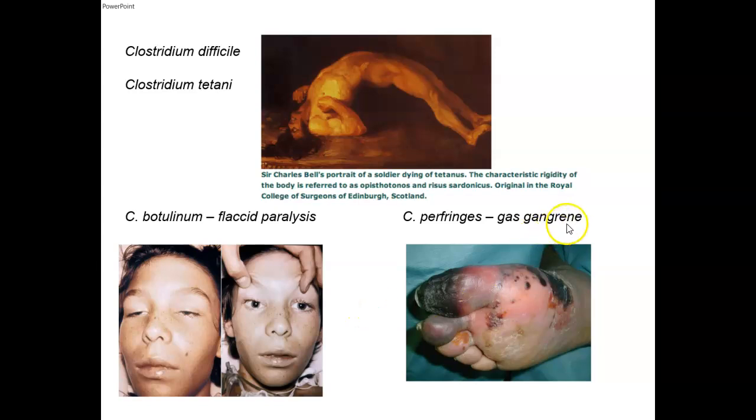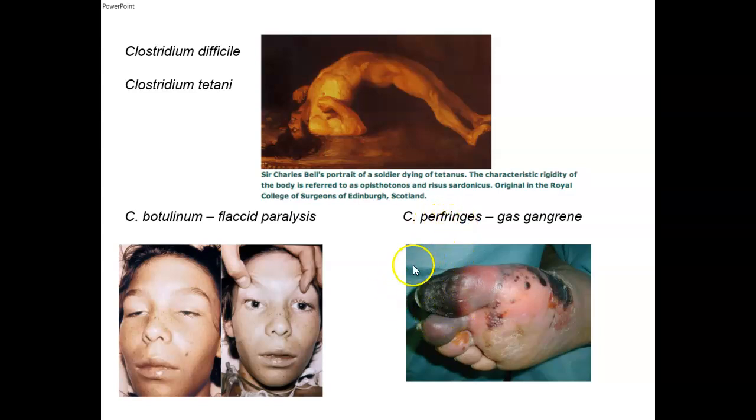The last one that you've probably heard of, but you might not have heard the name. You've heard of the disease. You've probably heard of people getting gangrene. You have tissue damage. And a lot of times people that have diabetes, their blood vessels are not working as well, especially in their extremities. They don't get enough blood to circulate. They can get infections, and they can get gas gangrene, which is an infection of Clostridium perfringens.